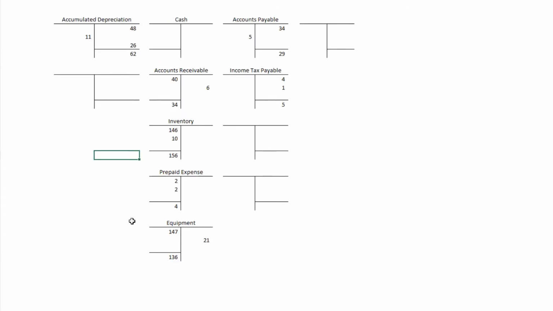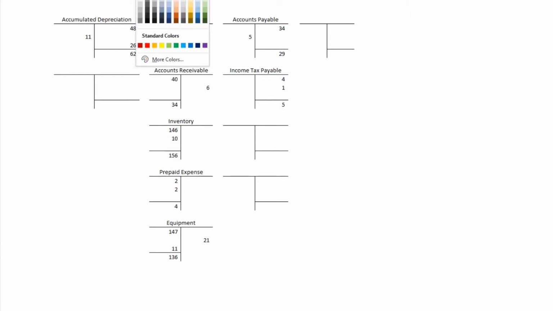Now, okay, so you're going to have the 147, subtract out the equipment that you sold, but then that doesn't equal 136. In order to make that 136, you will have to have the purchase of equipment.